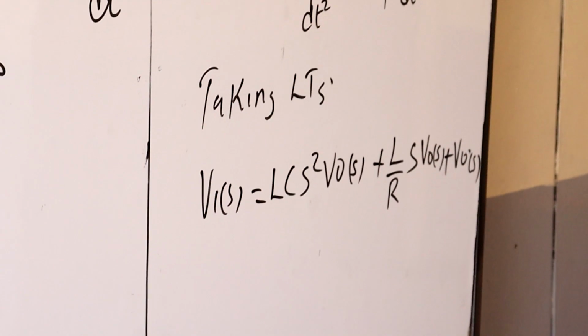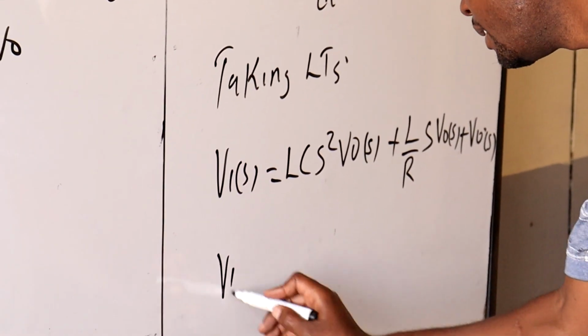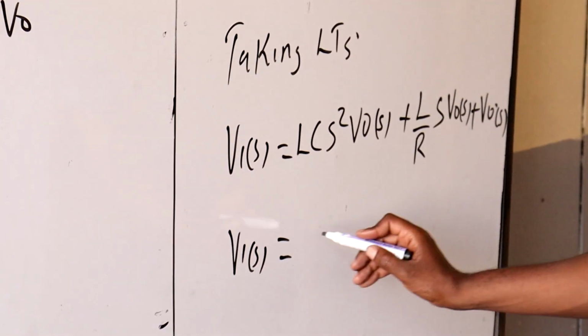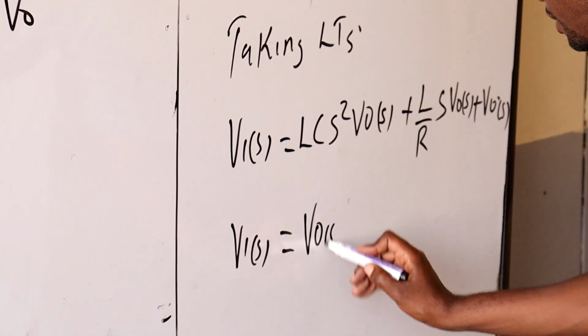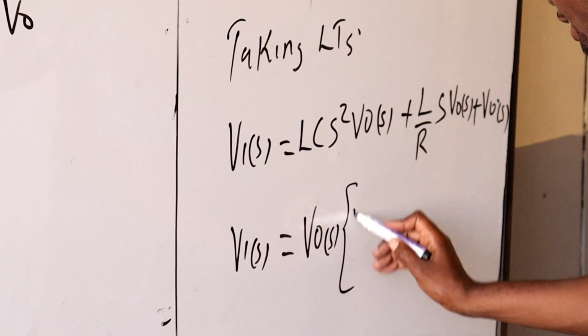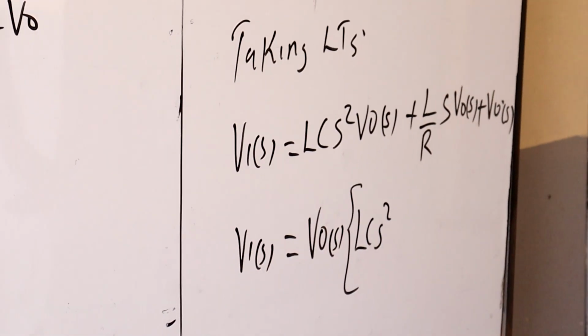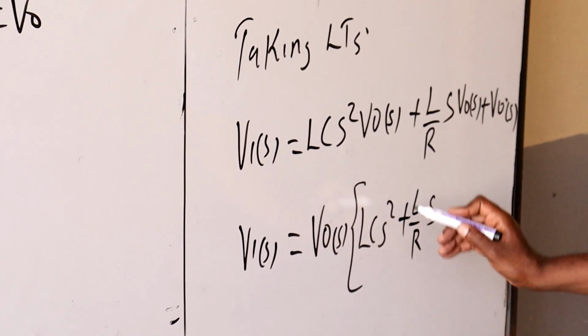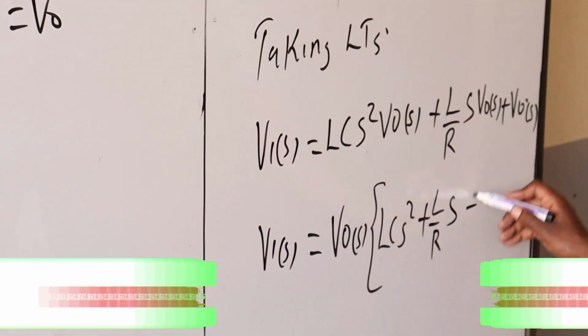Then from there, we can simply say that Vi of s is equal to, we can factor out V out of s, then we have LCs squared plus L over R s plus 1.